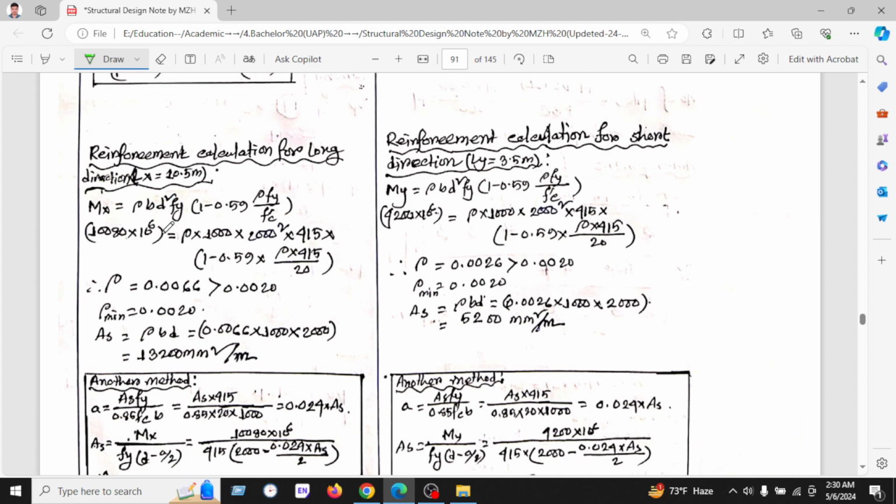Here is the M. M equal to rho b d square Fy times 1 minus 0.59 rho Fy by F times C, and we found rho is 0.0066, which is greater than the minimum rho, which is 0.20. We have also found another value, which is 0.0181.